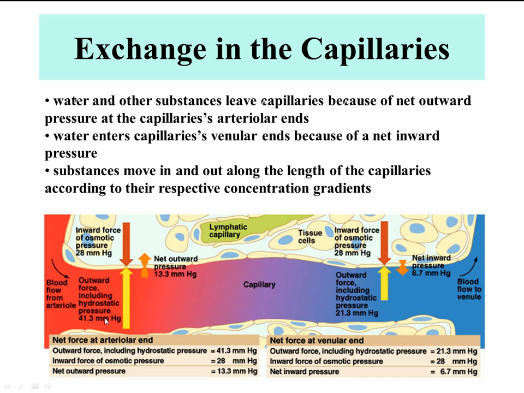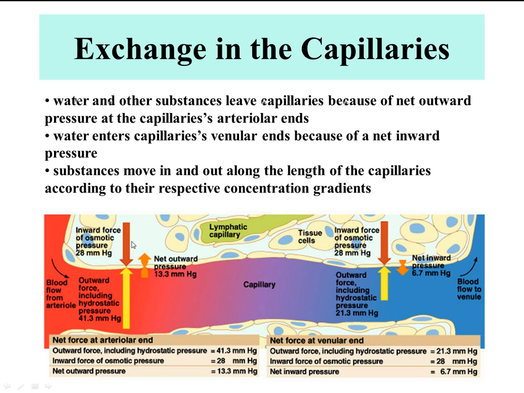So because it has a higher pressure, water is going to be pushed out of the membrane due to this higher pressure. But yet there is a little bit of exchange going on because there will be some osmosis as the water leaves due to the conditions inside of the blood.